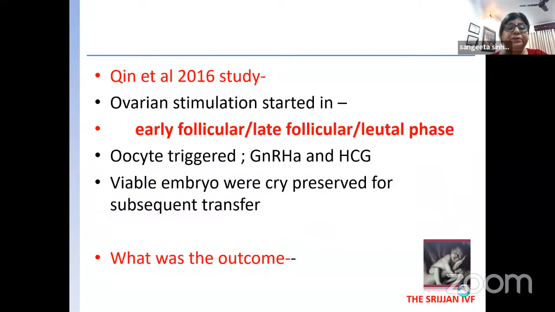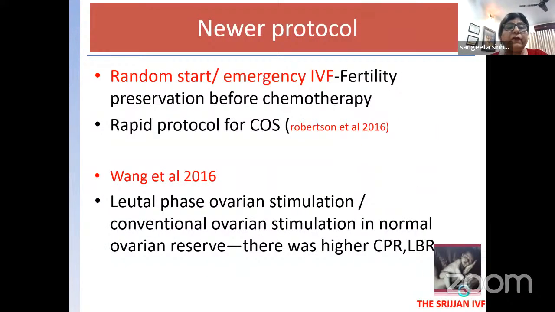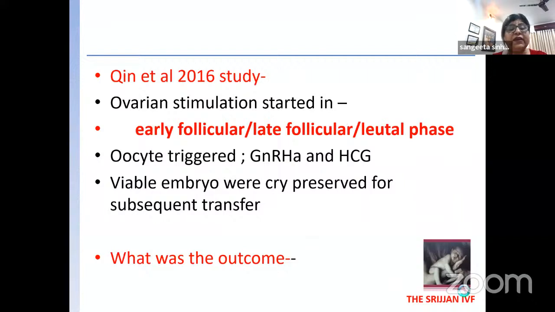Similarly, we can start emergency IVF, or random start. Suddenly someone has been diagnosed with cancer, and any day we can start the stimulation. There are different studies which say that any phase you can start, but this will not be routine, only when needed. Luteal phase ovarian stimulation: a number of studies say that stimulation can be started in early follicular, late follicular, and even in the luteal phase.